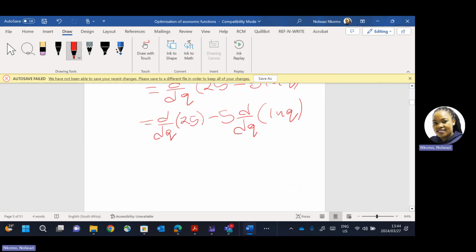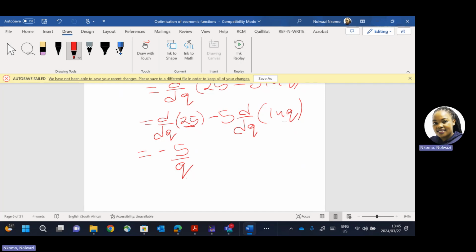If we differentiate, 25 is a constant. We know from the rules that the derivative of a constant is 0, right? And the derivative of ln Q is 1 over Q. So this means we have minus 5 over Q, right?